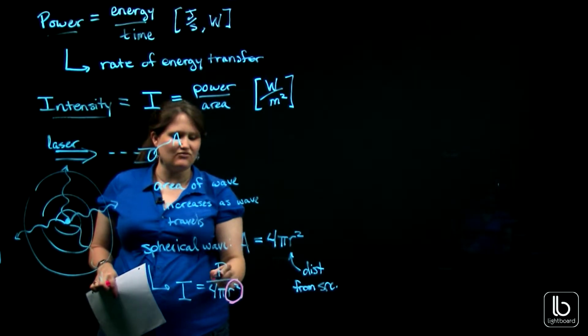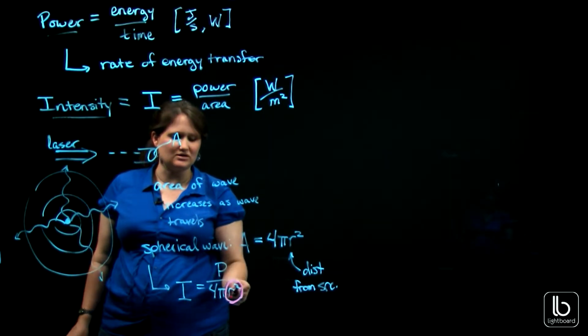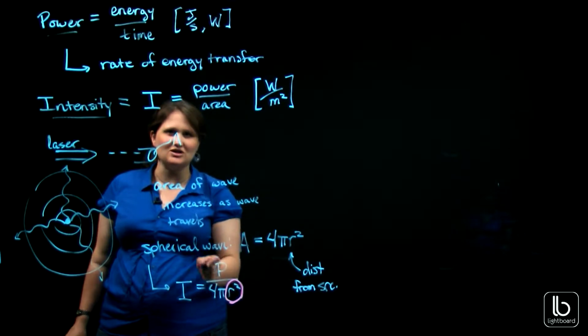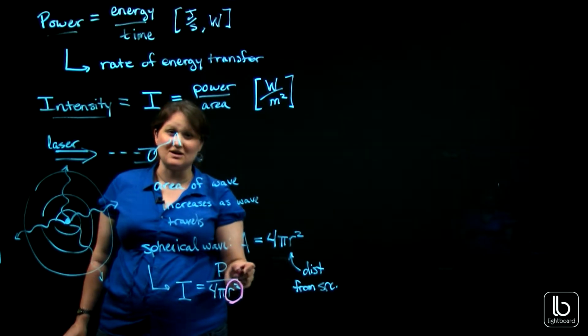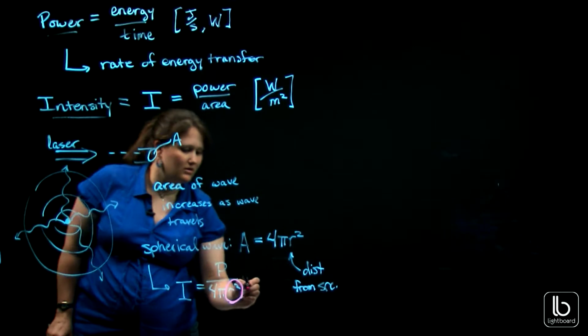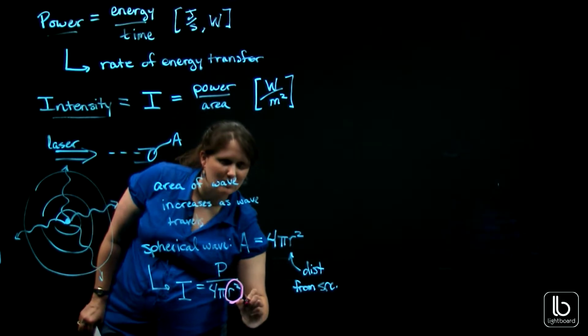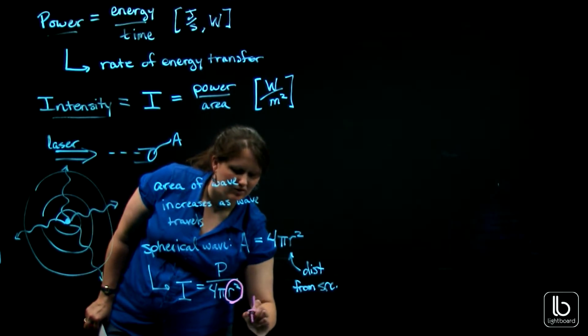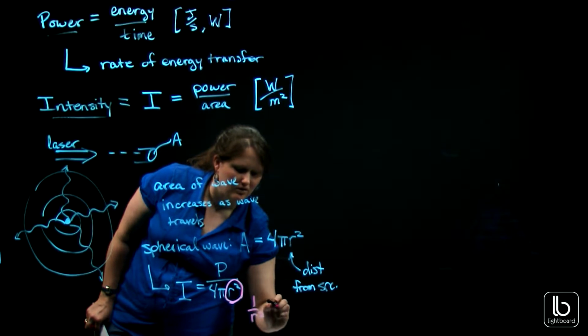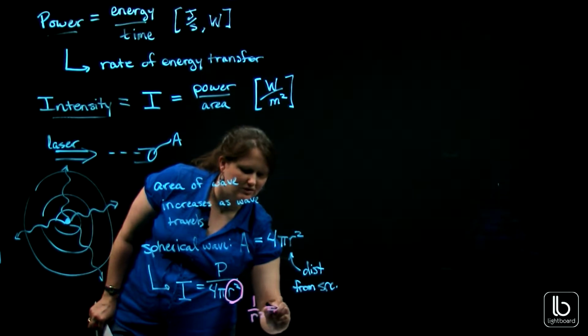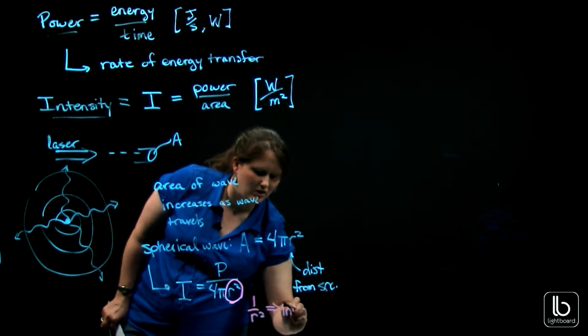So in this case, the 4 pi is constant, the P is constant. The thing that is changing the intensity is my distance. So anytime we see 1 over r squared, we're dealing with the inverse square law.